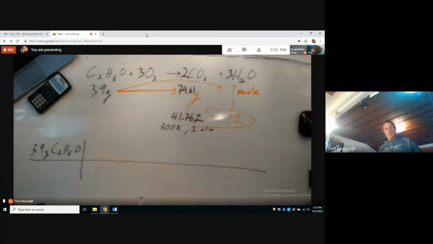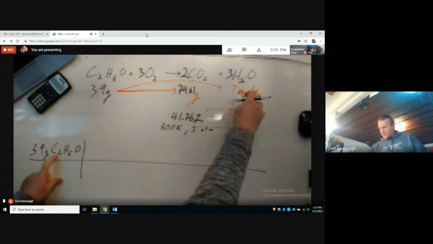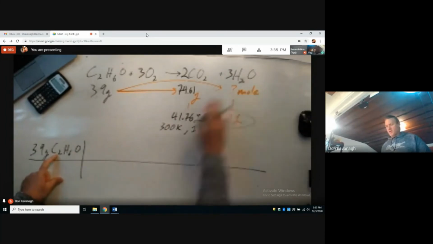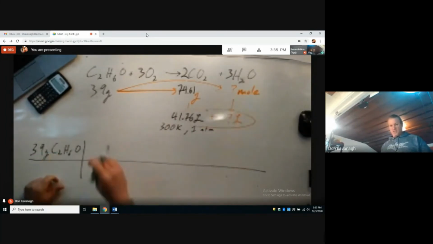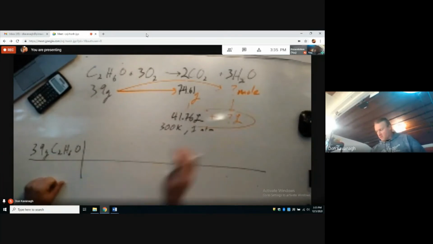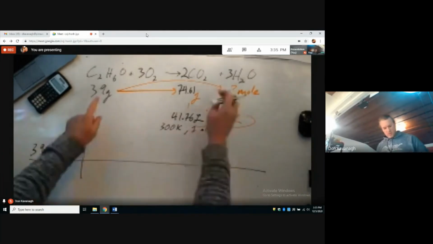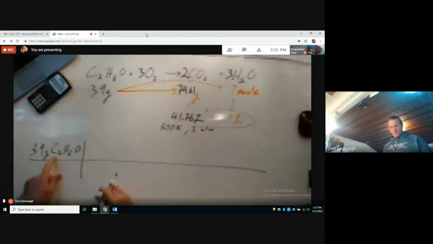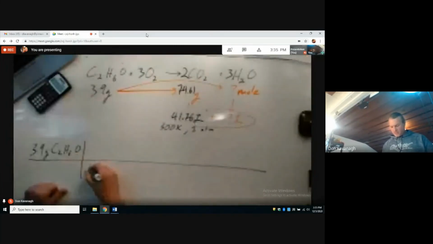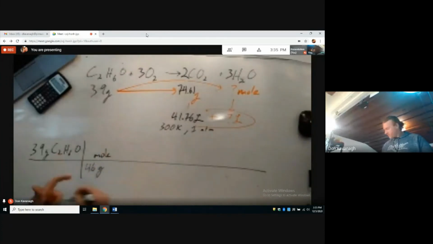I'm going to try to do this in one big long scaffold here. 39 grams of ethanol, and I want to get to the moles of H2O. So as long as my scaffold has moles and H2O in the numerator, it'll solve for this. Let's look at the periodic table. 24, 30, 46, 46 grams per mole added up from the periodic table.